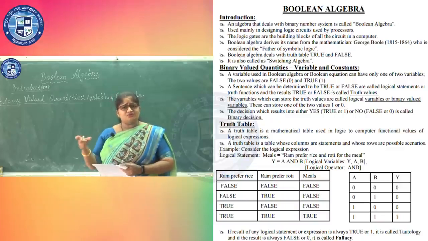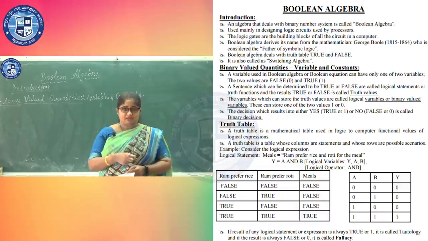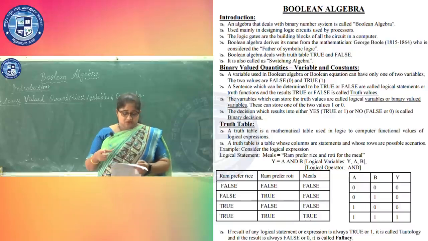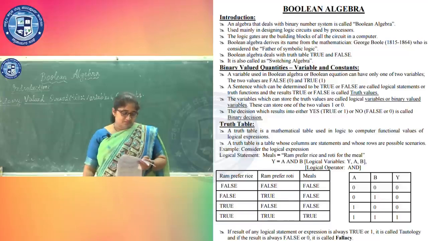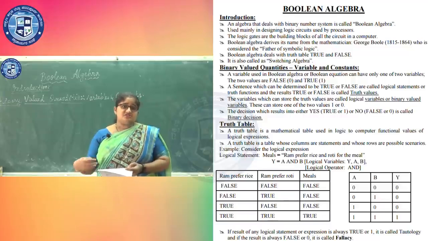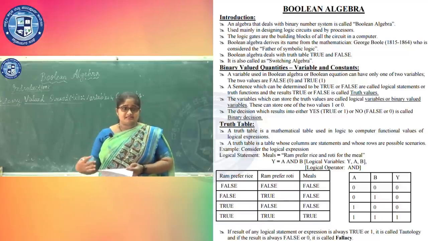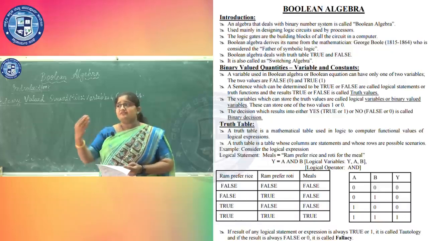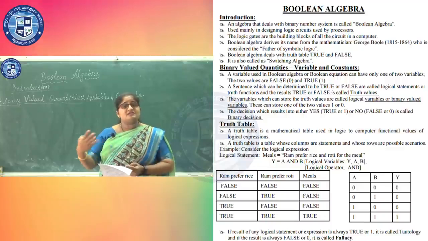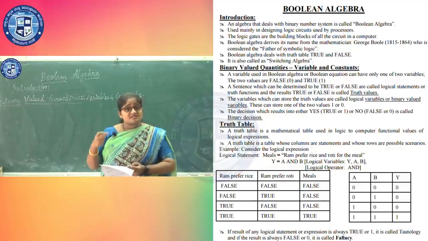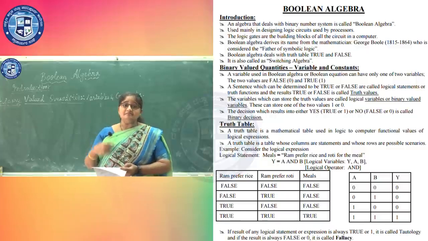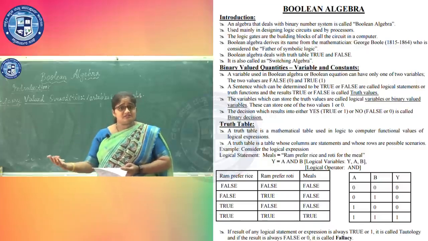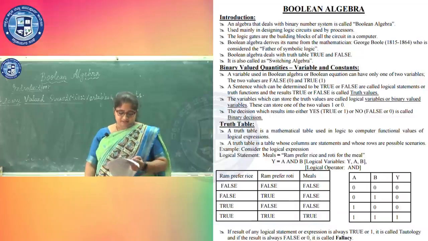Next, these values must be stored in some variable, and those variables are called binary valued variables. Then the decision which we take of the sentence, that is, the sentence says we have to go to the college, so we take the decision, it is yes or no, that is either true or false, and this decision is called the binary decision. This is how we relate boolean algebra in our day to day life.